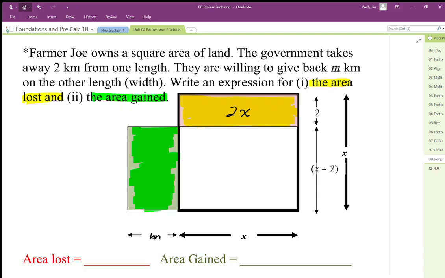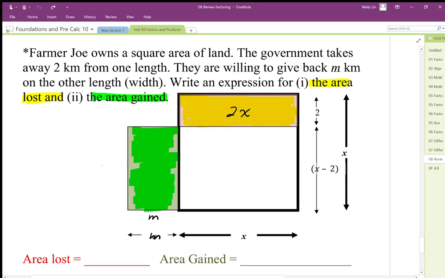To write that, we have to write length and width. So the width is m here. And if I look over here, this is x. The whole edge is x. This little bit is 2. So the piece that we want to use is going to be x, and we take away the 2 kilometers. So if I do x minus 2 times m, the area gained is going to be, sorry, let's fix that, I made a mistake here.